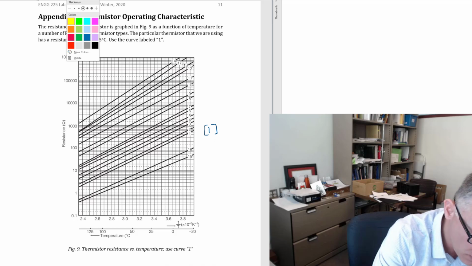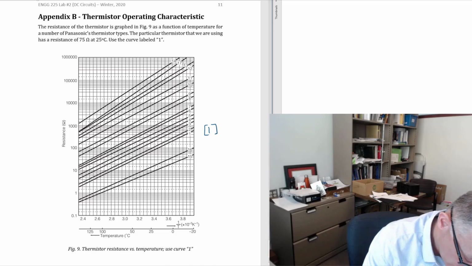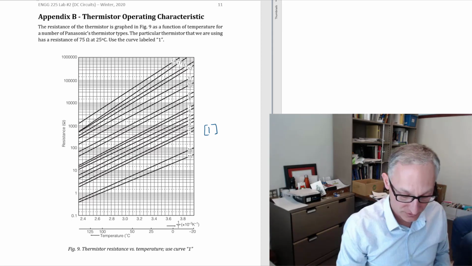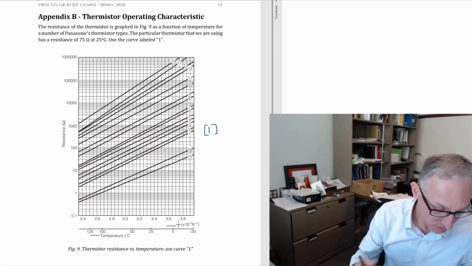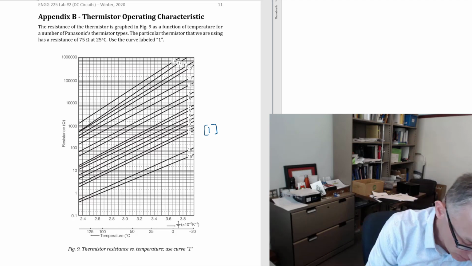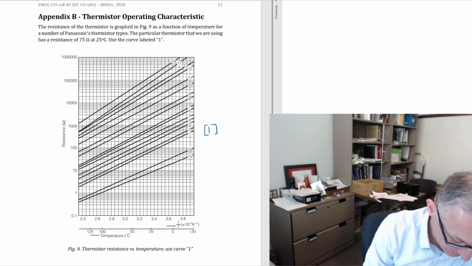So that's this line right here. Now, how do we use this? Well, we're going to calculate our resistance, and then we're going to go on to the logarithmic scale.